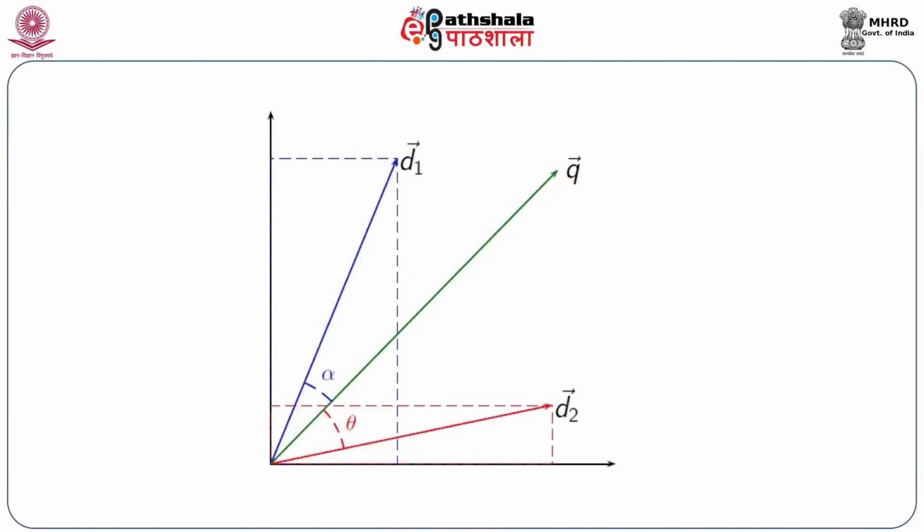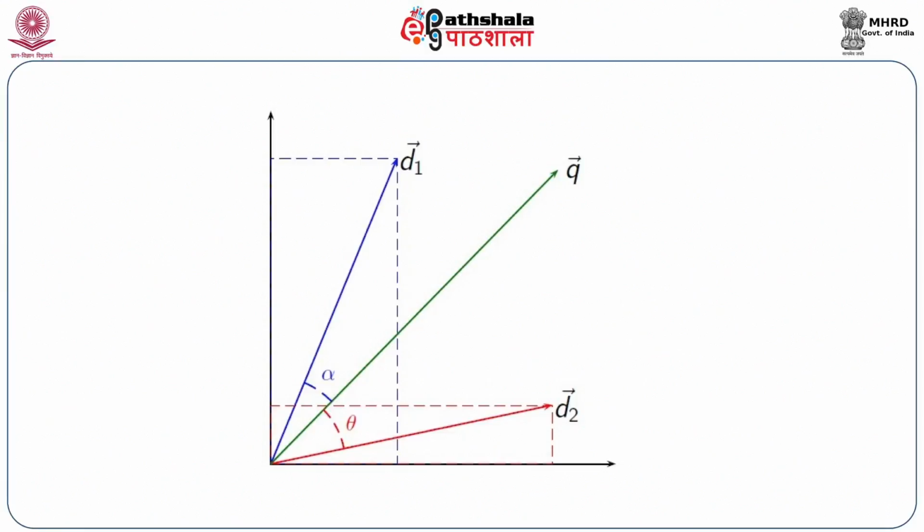Now look at the slide where the cos theta angle, the query vector and the document vectors are represented in the figure. There are two document vectors, d1 and d2, and a query vector lies in between the document vectors d1 and d2.